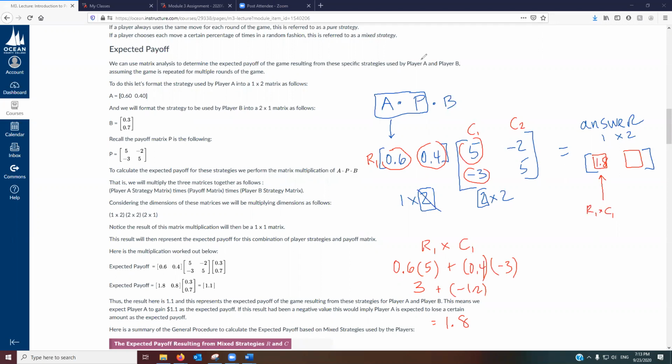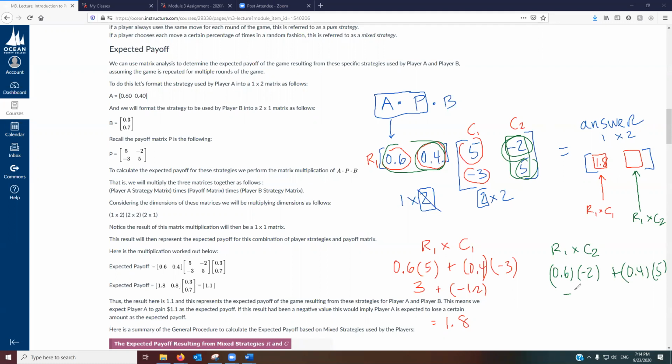Let me keep going. I'm now going to do R1 times C2, and I'm going to put that answer here. Row 1, so I'm going to take R1 and multiply it by C2. It's going to be 0.6 times this -2. Then I'm going to come back and take 0.4 times that 5.